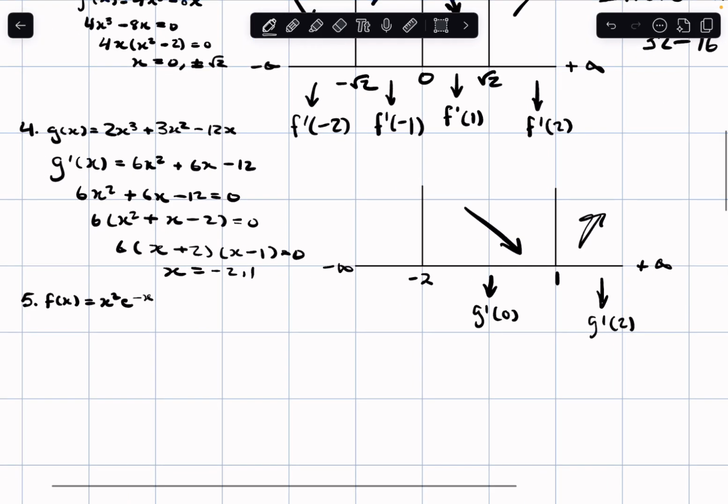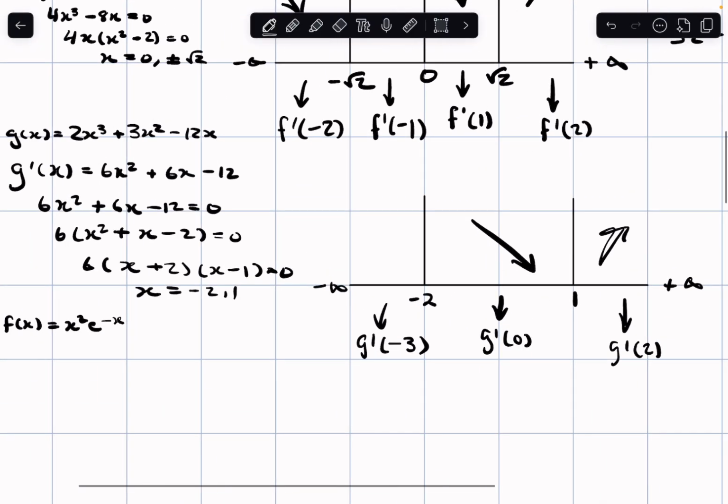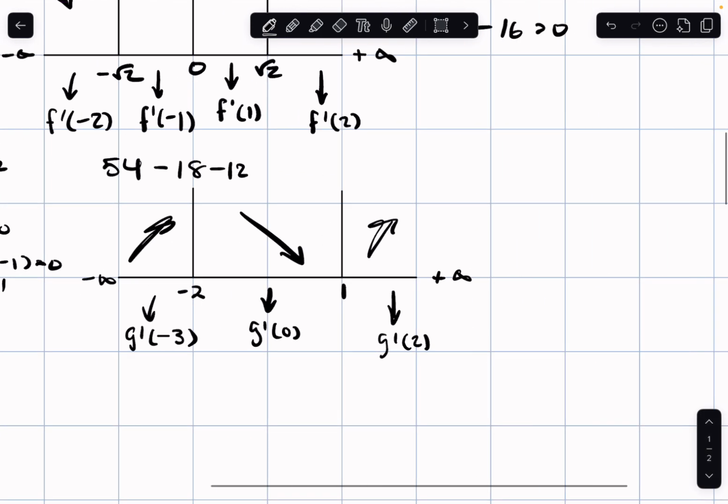Okay, and then for the last interval, negative 3 will suffice here. And then we could do 6 times 9, which is 54, minus 18, minus 12. Again, we don't have to evaluate it. We already know it's going to be positive, so it's going to be increasing.